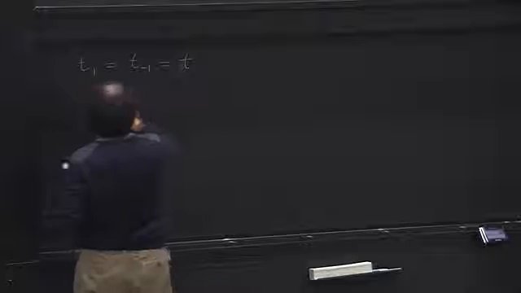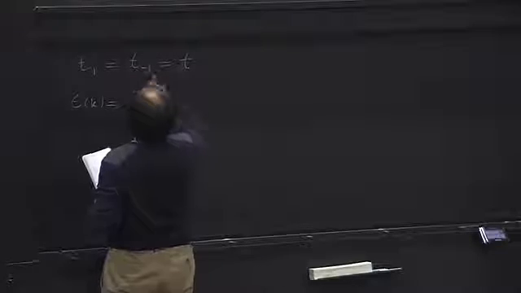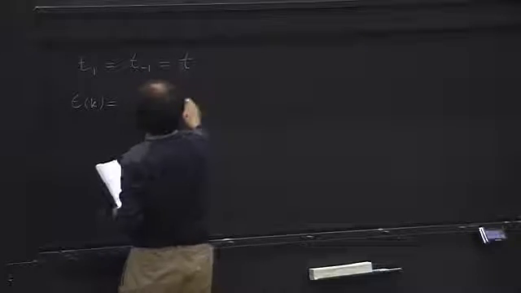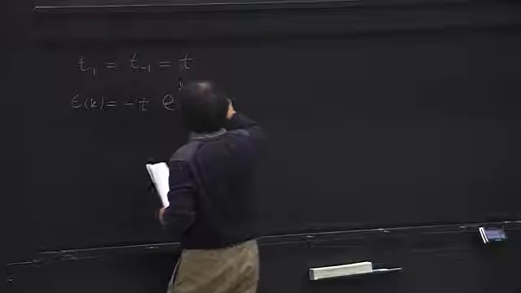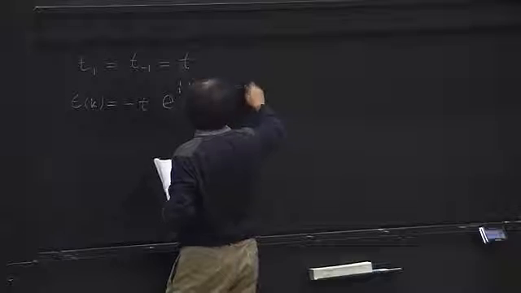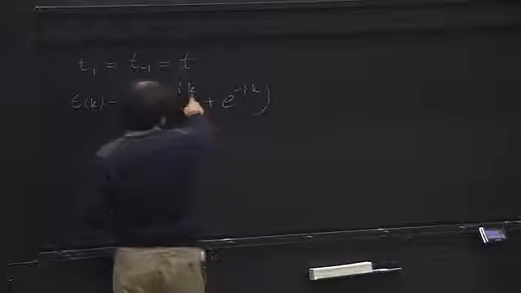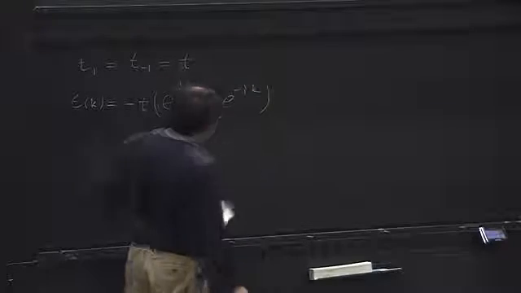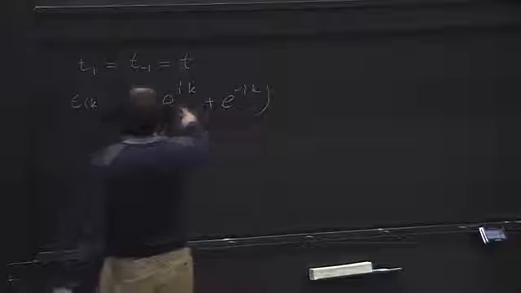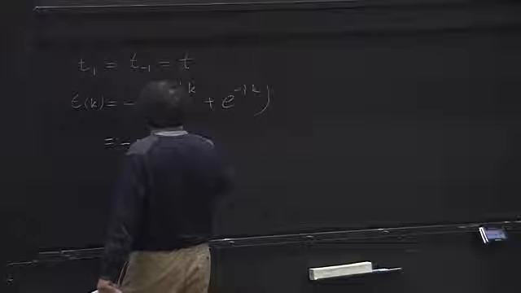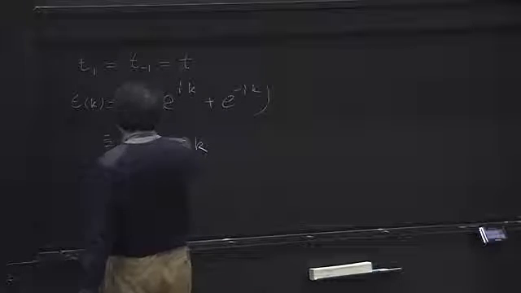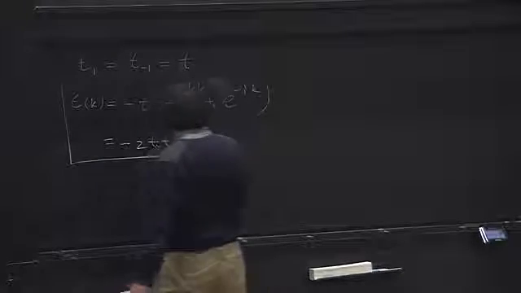Then from here you can see that epsilon k is just equal to t minus t, e to the i k plus e to the minus i k. So one contribution from n equal to 1, one from n equal to minus 1. So this gives us minus 2t cosine k. So this is the energy.